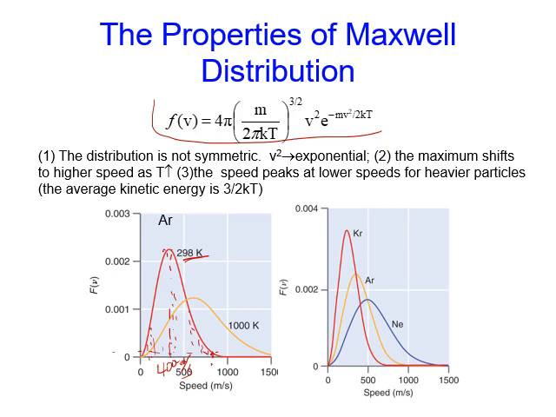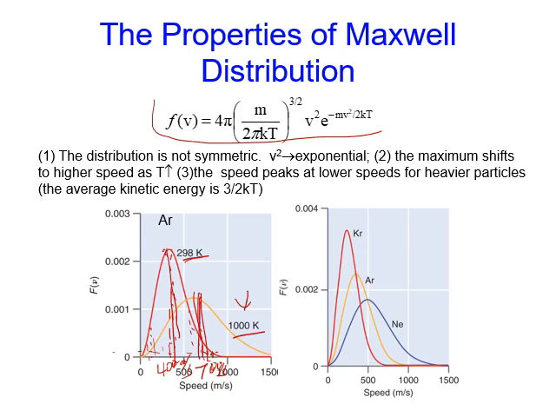Now, if we plot the same gas, but the temperature changes to 1000 Kelvin, then the most probable speed now increases to about 700 meters per second. Instead of 400, it moved to 700.